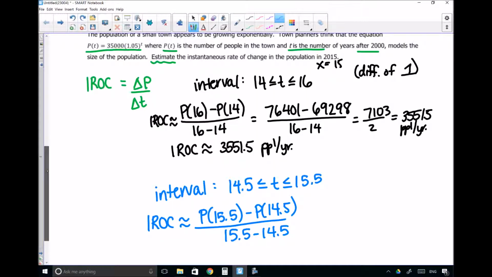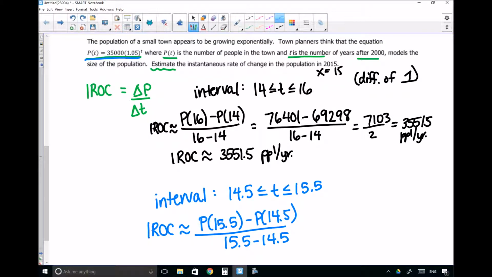Okay, and we have our equation right here. I need you to pause the video and really try this on your own. Find these values that we need to find right here. Find the instantaneous rate of change estimation, and come back to me when you're done and check your answers to see if you agree.